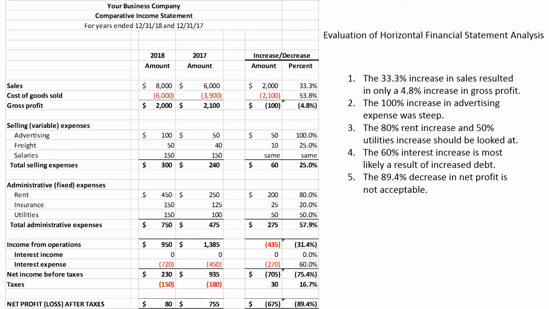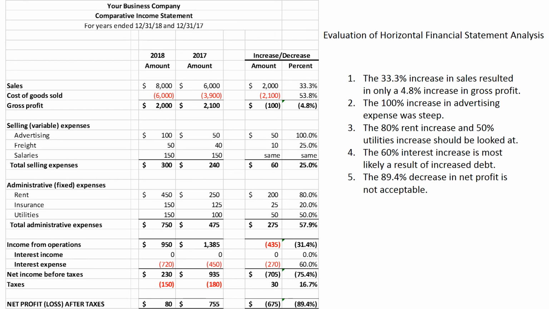Evaluation of horizontal financial statement analysis. From the horizontal analysis of your business's income statements, you should evaluate the following. Number 1, the 33.3% increase in sales resulted in only a 4.8% increase in gross profit. This would alert the owner that something was wrong.